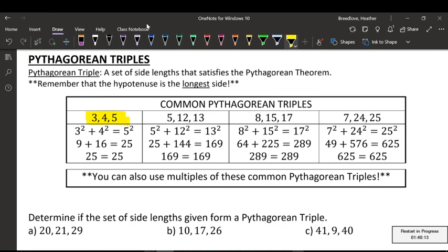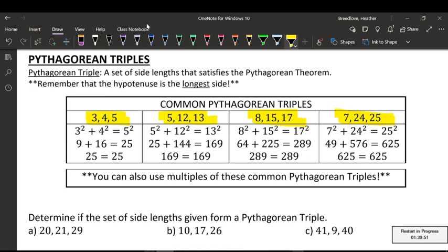If you're given A and B are 5 and 12, then you know the hypotenuse is 13. Or if you're given the hypotenuse is 17 and one side is 15, you know the other side has to be 8.